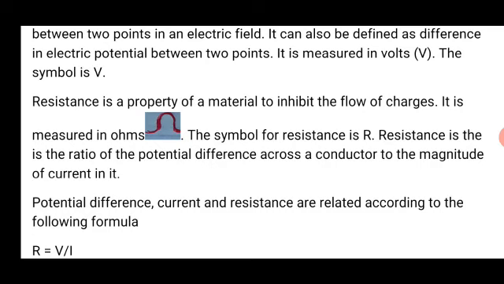That is what we mean by resistance is the ratio of the potential difference across a conductor to the magnitude of current in that conductor.